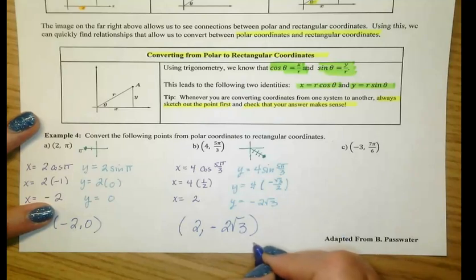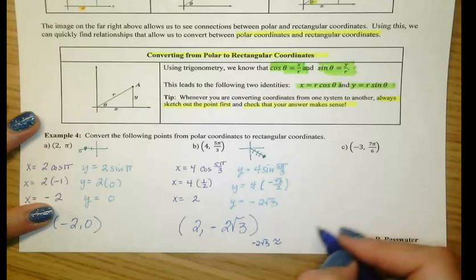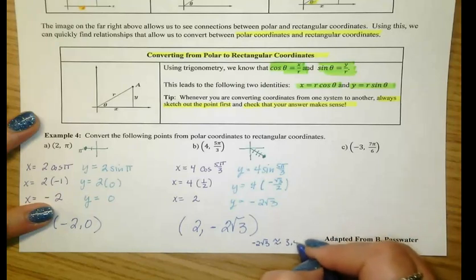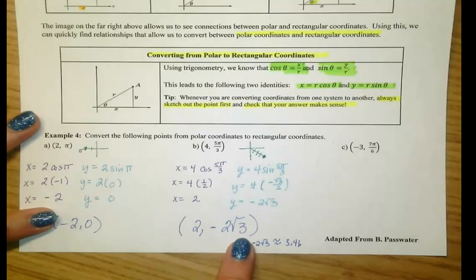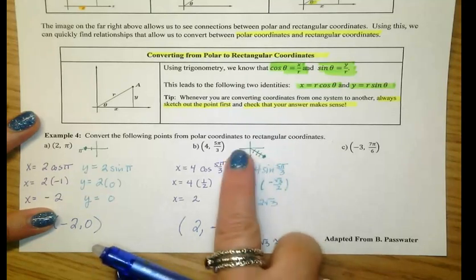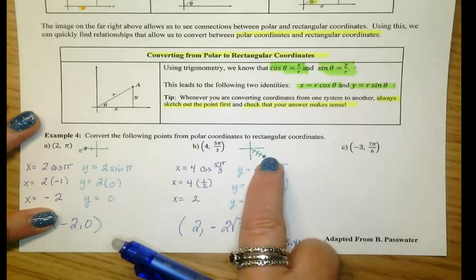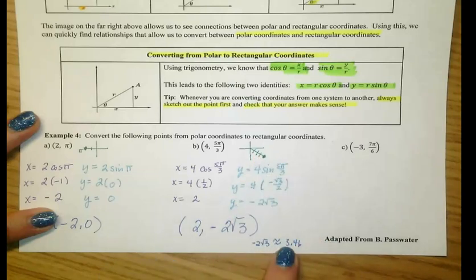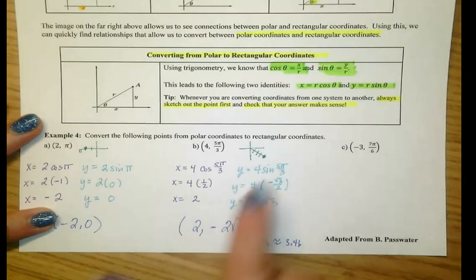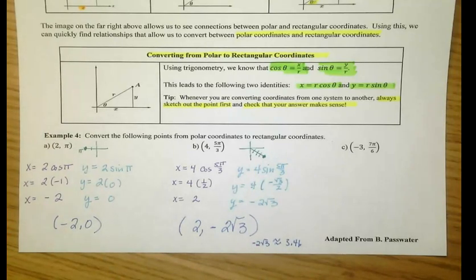So -2√3 is approximately -3.46. Does that make sense? Look at where this point is. It's in the positive direction 2, that makes sense, going down to the -2√3, which is at maybe -3.46, something like that. And so yes, this point does make sense with this coordinate.